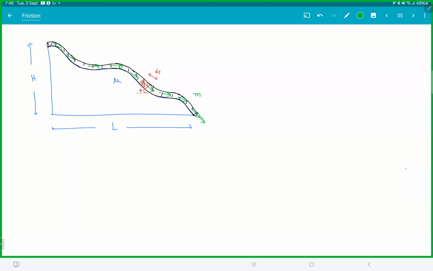These are dmg components. They're pushing it down. All the red ones are the friction components. The df components are pulling up. So integral df max is equal to integral dmg sin theta.